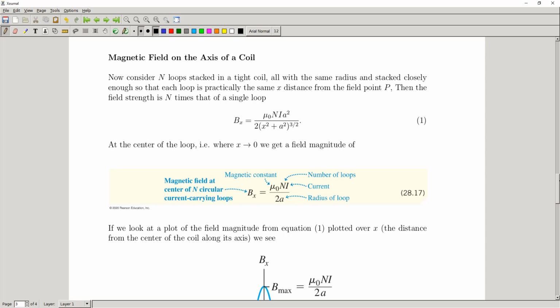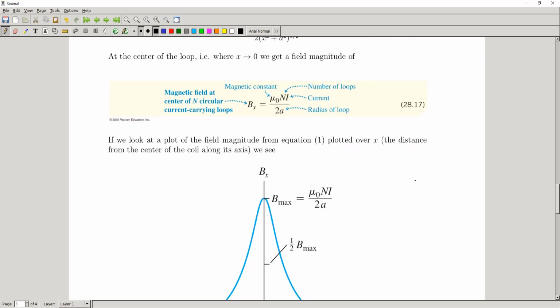We can imagine, maybe I draw it down here, a loop like this with an axis for our loop like this. Then we have another loop packed very, very tightly right on top of it, and we can have a whole bunch of these. These can be very, very thin and stacked on top of each other.